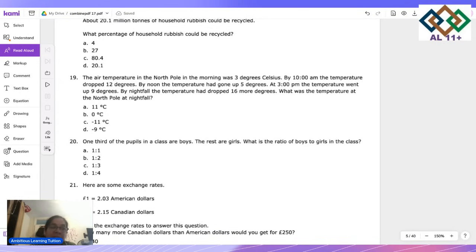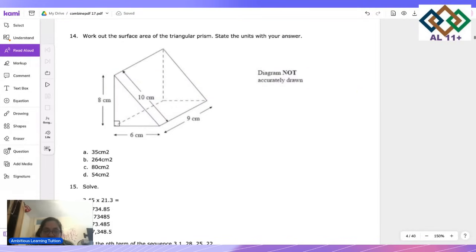They won't give you easy temperatures like the temperature in London is this and the temperature in Scotland is this, what's the difference? They will definitely give you minus numbers like this one. So you have to work out the temperature in this one.